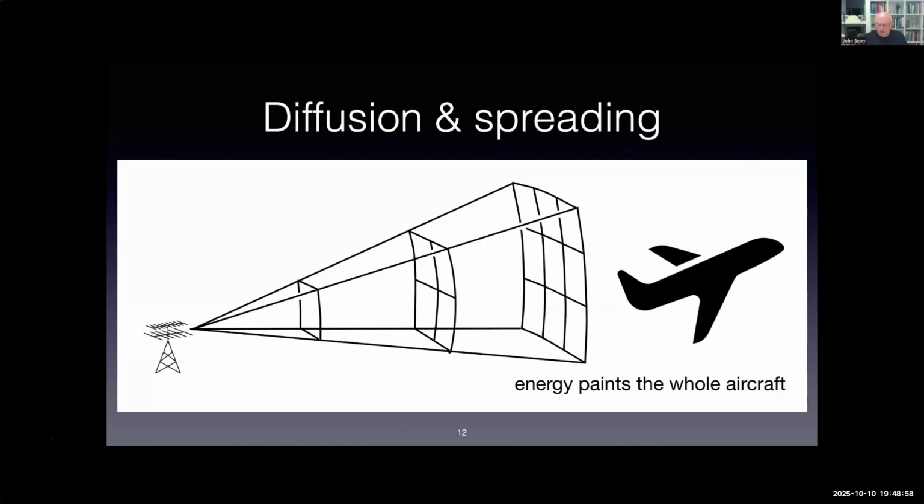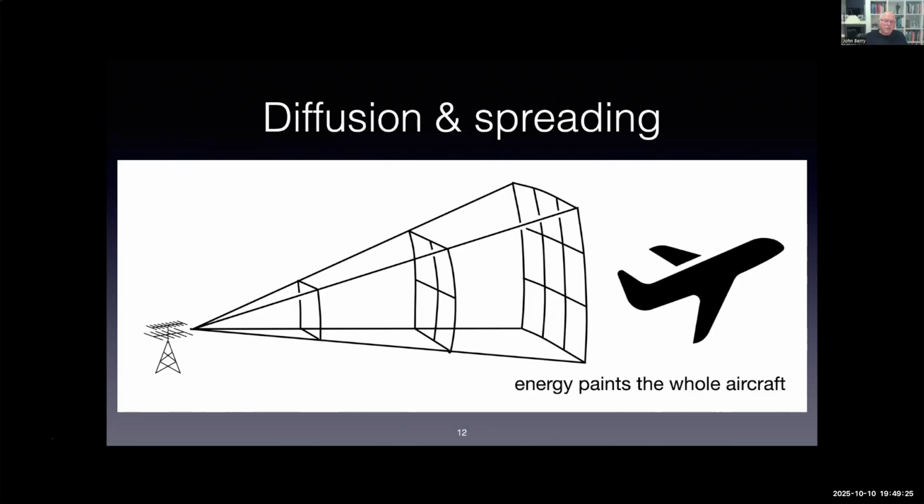First thing is that there is no such thing as rays. People love drawing rays from an antenna to an aircraft and back down. I do it. But what's actually happening here is that the energy is diffusing through the atmosphere. It's spreading as it goes, so obviously getting weaker and weaker. Every time it spreads, it gets weaker.